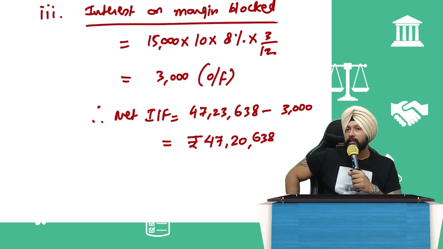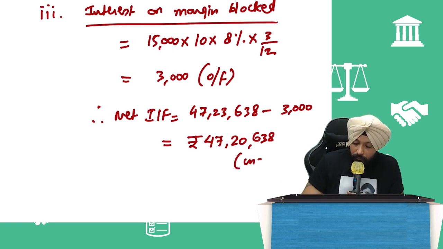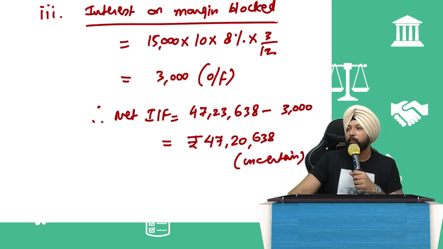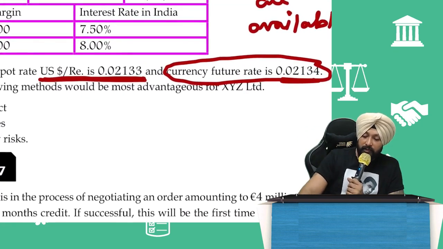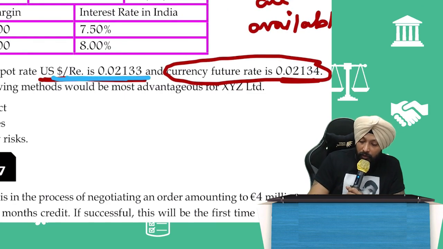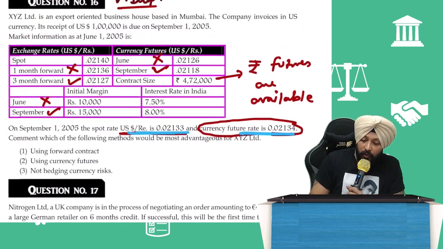Is this certain or uncertain? This is uncertain, because you are using the spot rate on maturity. How do you know the spot rate on maturity on day one when you are trying to take the futures? Technically speaking, both these rates should have been given as a probability distribution. We are not standing on the September maturity.